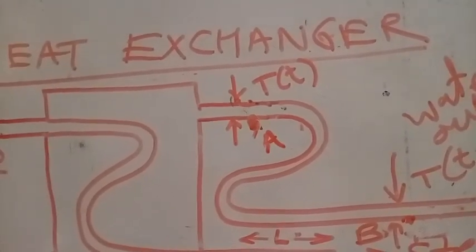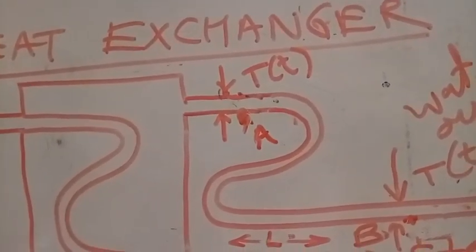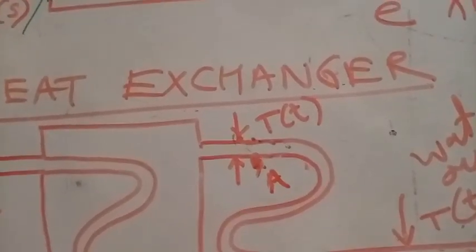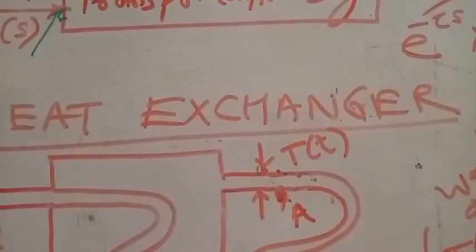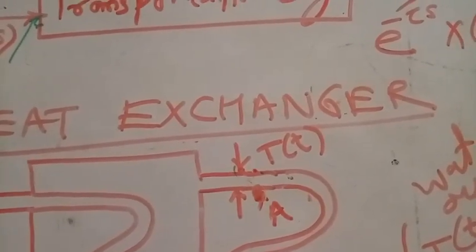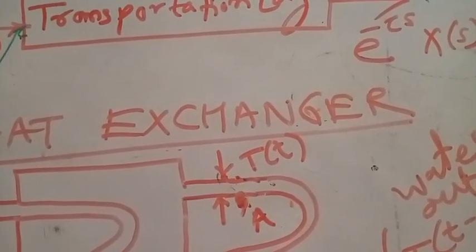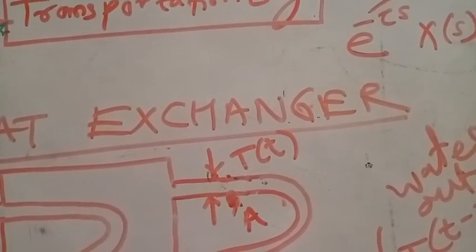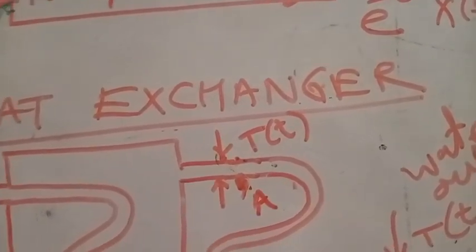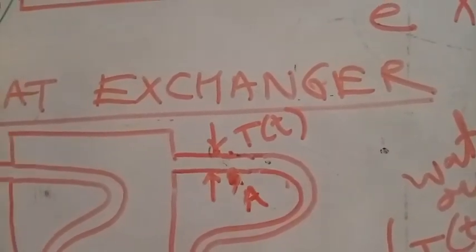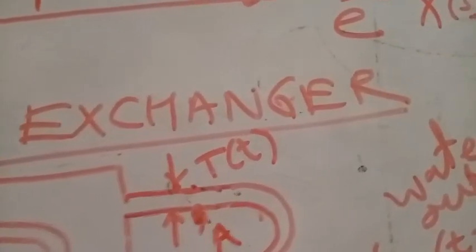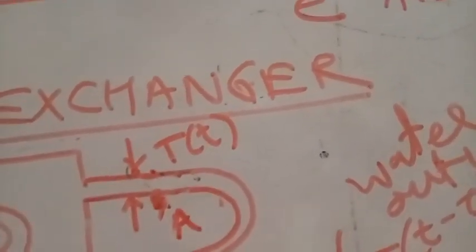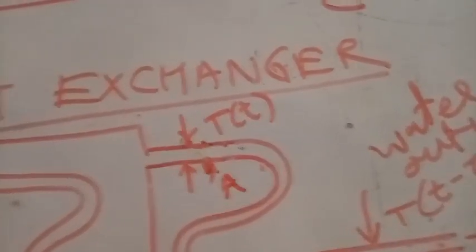The time delay term is often referred to as a transportation lag, since it is generated due to the delay in transportation of the output to the measuring point. The presence and effect of the time delay can be easily explained with the help of an example: a simple heat exchanger, which is shown in the figure.